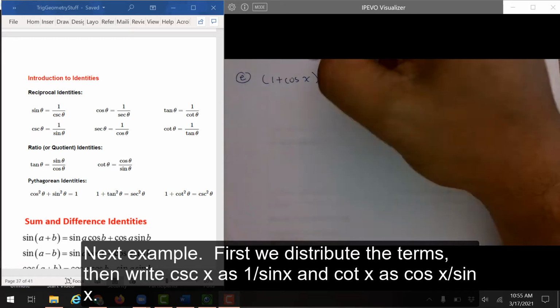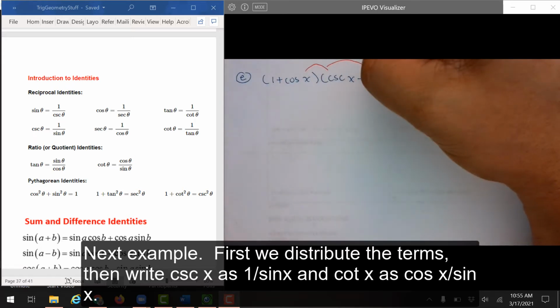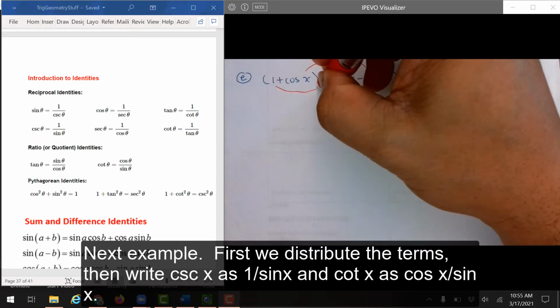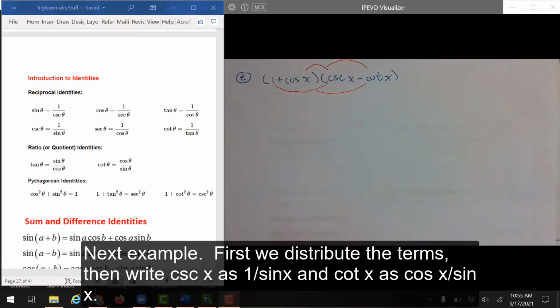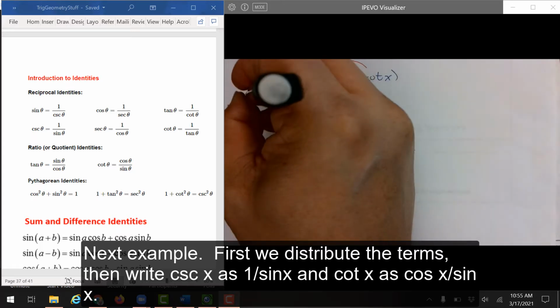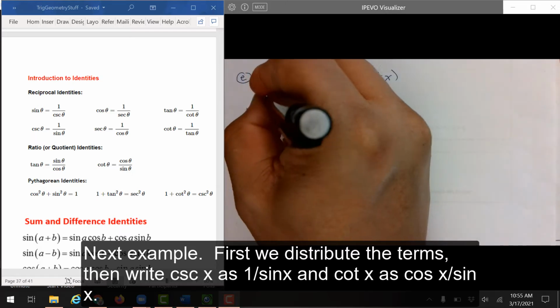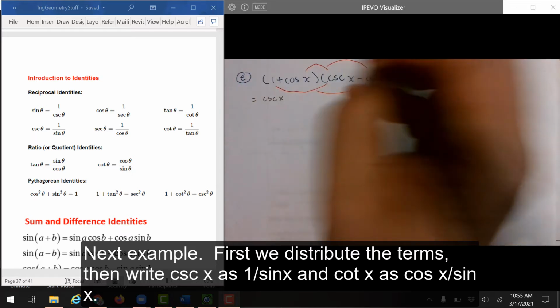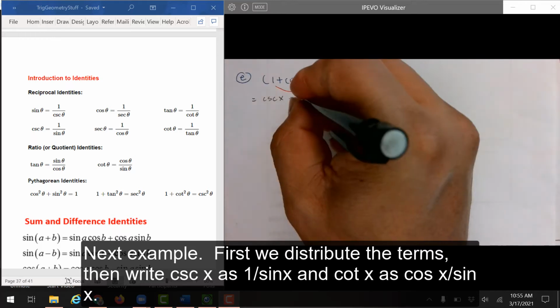Next example. We distribute the terms, then write cosecant x as 1 over sine x, and cotangent x as cosine x over sine x.